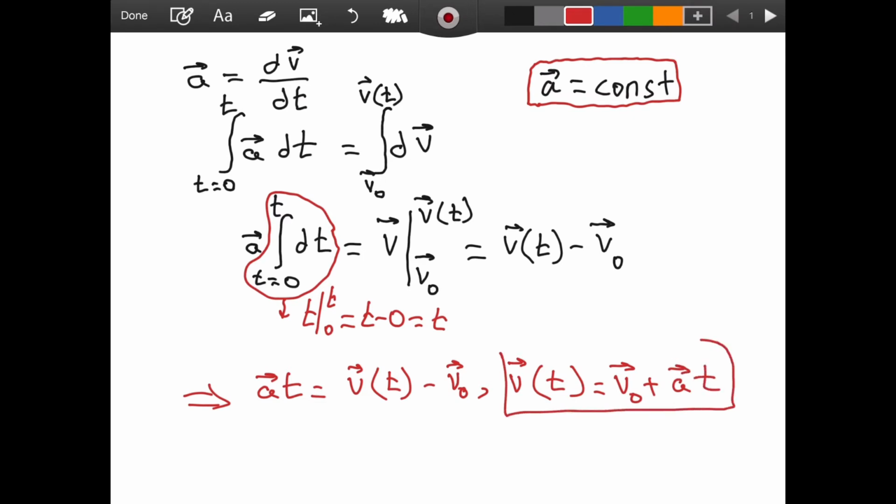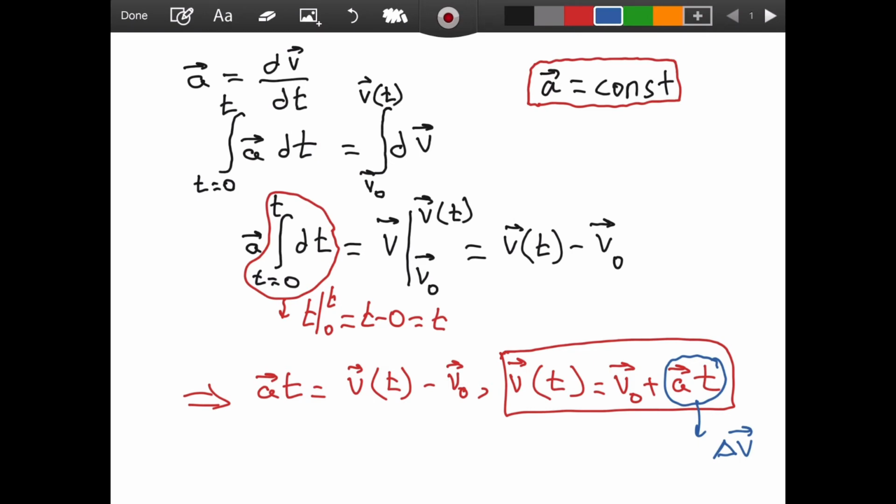This is the first kinematics equation, and we proved it. Notice that this term, a times t, is simply delta v. So it makes sense: to get the velocity value at any time, you simply take the starting velocity and then add the change, right? Initial velocity plus the change in velocity should give you your final velocity.